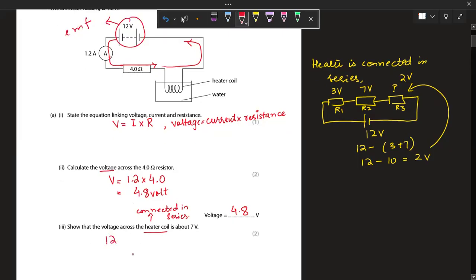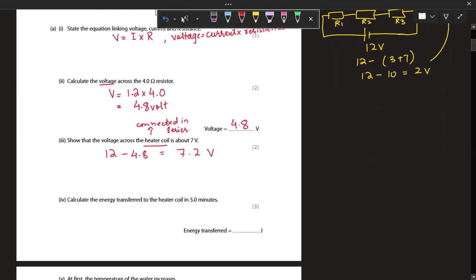So what we can do is 12 minus the voltage across the 4 ohm, which is 4.8. Subtracting 4.8 from 12 volt, what are we getting? 7.2 volt. Clear? So 7.2 volt across the heater.